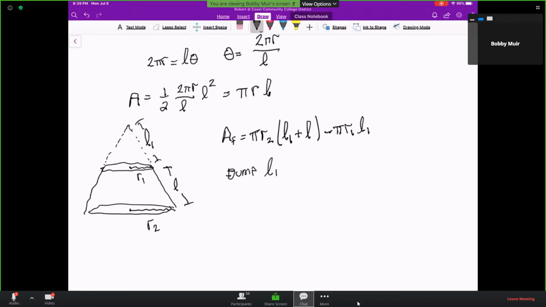How do we get rid of L1? Well, we've got some similar triangle stuff we can use here. Like we just look at this and this. We could say that L1 over R1 is the same as L1 plus L over R2.